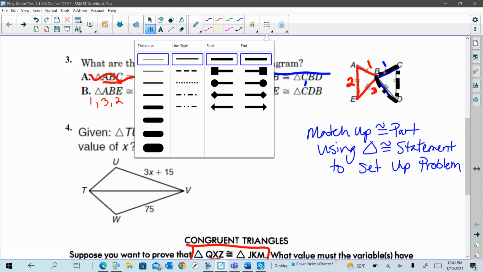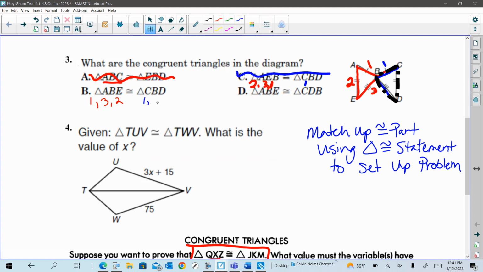C to B is 1 tick mark, then it's 3, then it's 2. So the answer is B.